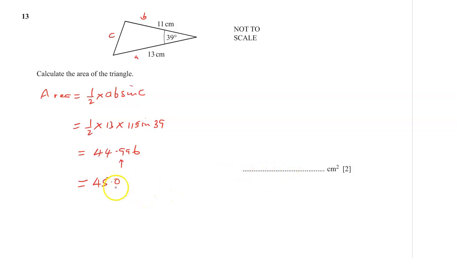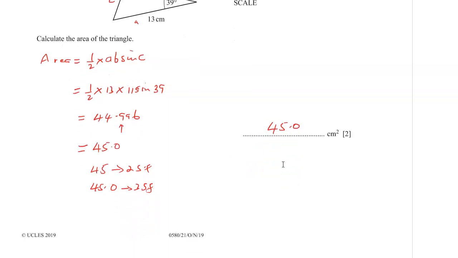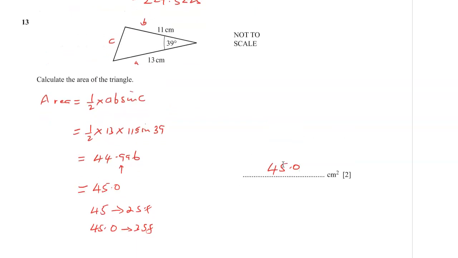So don't forget to put this 0 here, because this is what makes it 3SF. When you write 45, that is 2SF. So 3SF is 45.0. So your answer is 45.0. Very well.